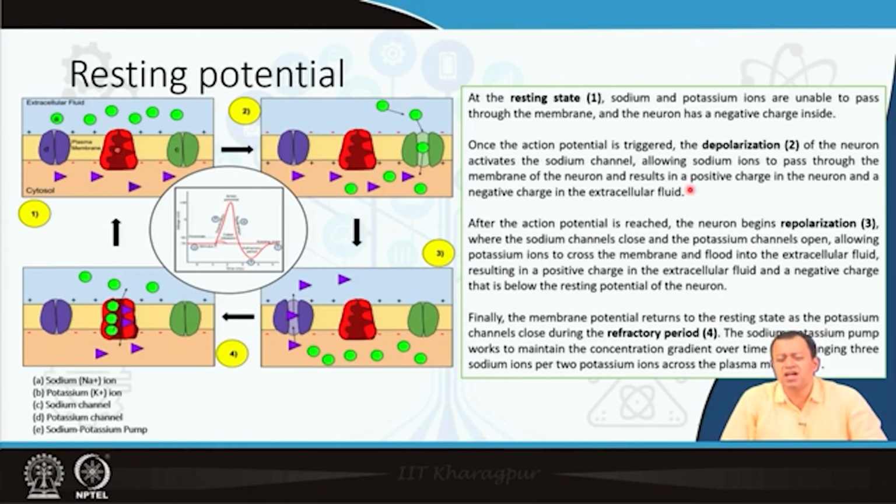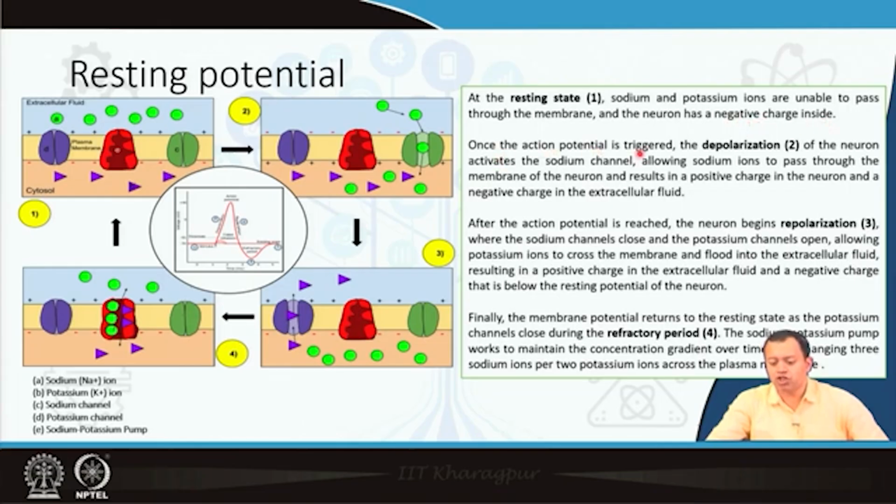The nervous system, there are other molecules as well, but sodium and potassium ions are the ones that carry the electrical potential and that modulate the electrical spike that passes through the body. At the resting state, sodium and potassium ions are unable to pass through the membrane and the neuron has a negative charge inside.